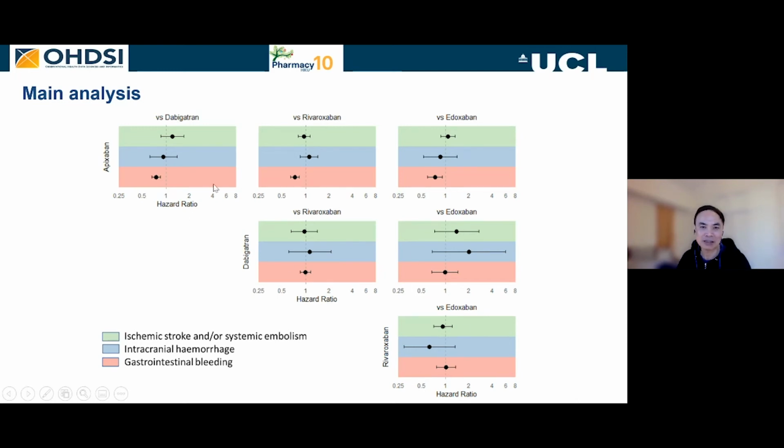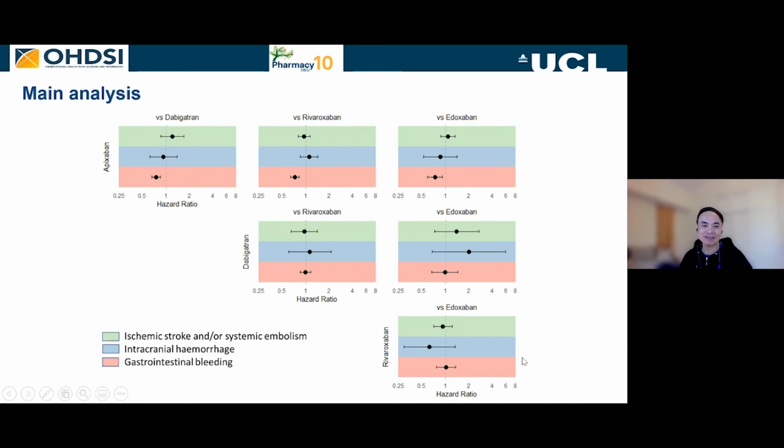But the one that actually has the major difference is gastrointestinal bleeding. And that is the major side effect of any DOAC, or not just the DOACs, but also warfarin. And we know that any drug that thins your blood and reduces blood clotting will give you the potential for bleeding. We can see that apixaban is actually standing out. It is better than all other drugs here. So that's what we see here.